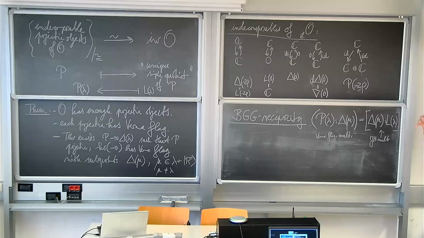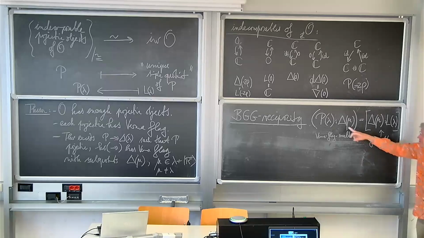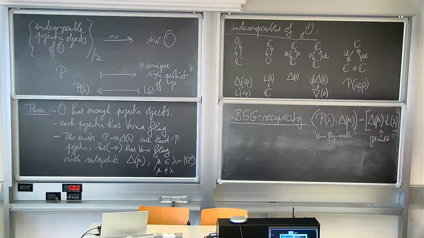Maybe over a number field you have to be a bit careful, but you reduce them to characteristic p. Then you get not well-defined objects, but their characters are well-defined. And then we have the same formula, which is called Brauer-Nesbitt reciprocity. And so they try to mimic it. This is where it comes from.